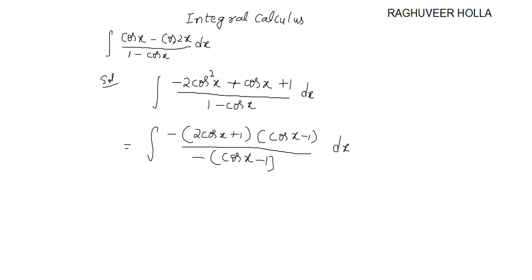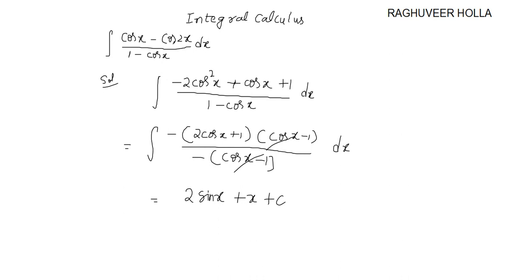So if you look at this, these two get cancelled. If I integrate this, I'll get a result as 2 sin x plus x plus c. So this is the solution of the integral.